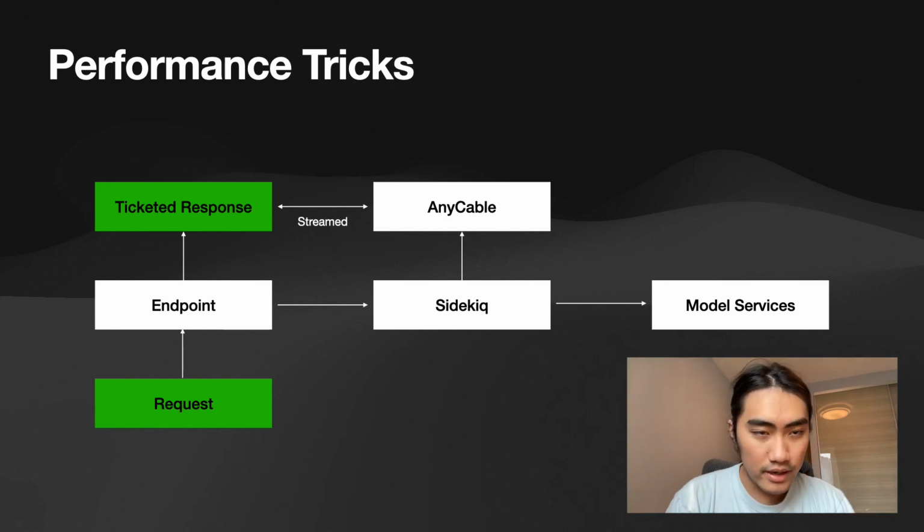So what we are currently using is something we call a ticketed response. When the user makes a request, we respond that the request is in progress and give them a ticket, and we send this work to Sidekiq. After it finishes the API calls or the logic calculation, it uses Action Cable to send the response to the end user.